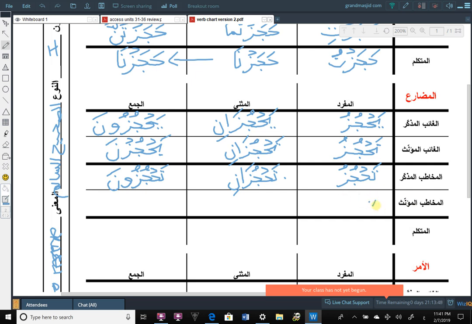So we say tahjuzina. Right? And then tahjuzani. And then again on this second person female plural, we're going to add the noon of niswa. Tahjuzna.